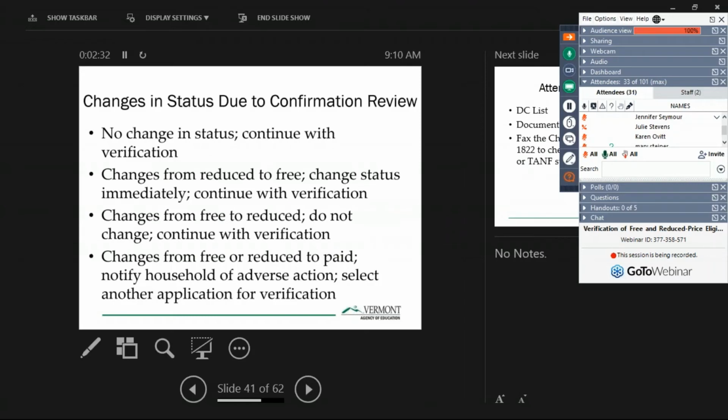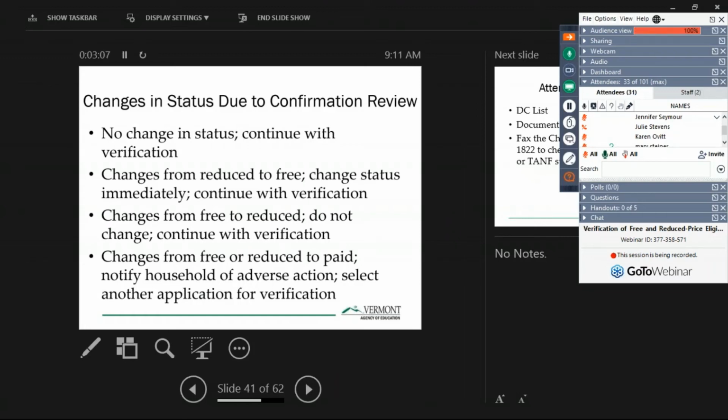If the confirmation official is doing the confirmation review and there is no change in status, like, yep, this is a free application, you would continue on with the verification process and the next steps. If the application was initially approved reduced, but they figure out something was wrong, human error or miscalculation, and it should have been free, you change that student status immediately to free and then continue with the verification process.